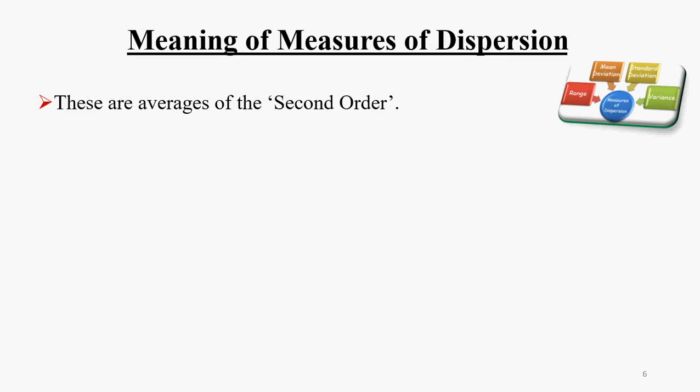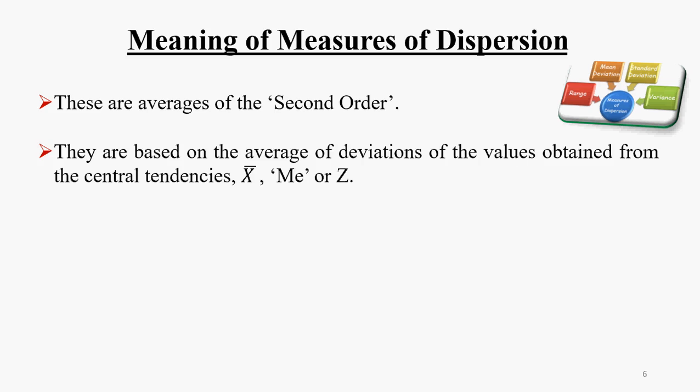These are averages of second order. Actually, first order is central tendency. Here, these are the averages of the second order. They are based on the average of deviations of the values obtained from the central tendencies, so that's how we get the average from mean, median, or Z values.